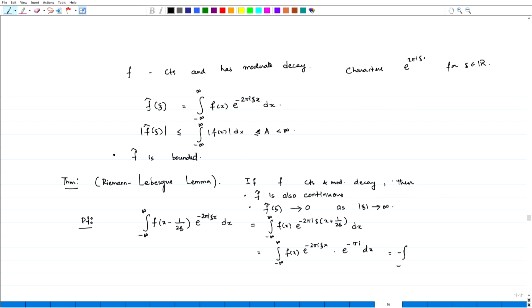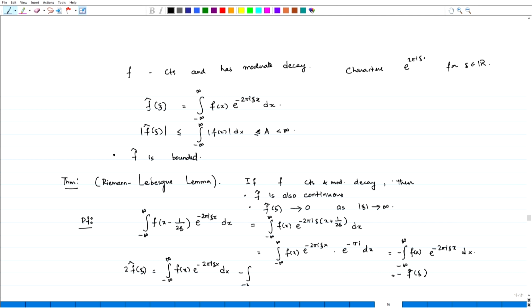So, this is minus f hat of ξ. Therefore, twice f hat of ξ is equal to the integral of f of x e to the power minus 2 pi i ξ x dx, and minus f hat of ξ is minus of this.